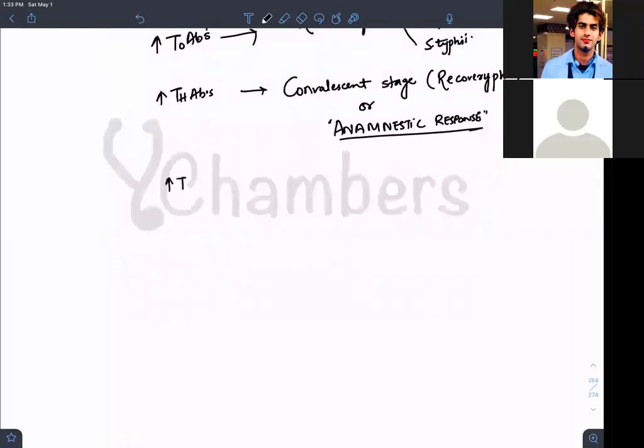Increase in TH, increase in AH, increase in BH antibodies. What is the interpretation? And you have to give me reasons. Everyone should answer, then I will tell right or wrong. It is a post-TAB vaccination.